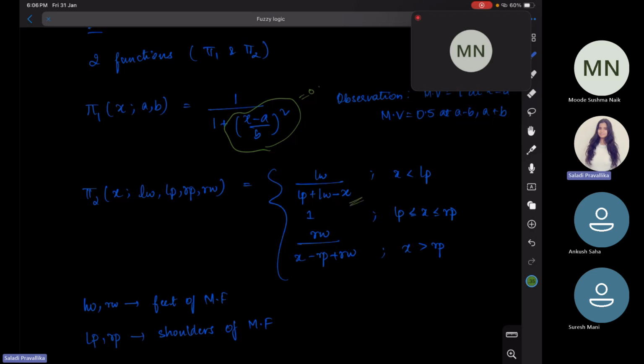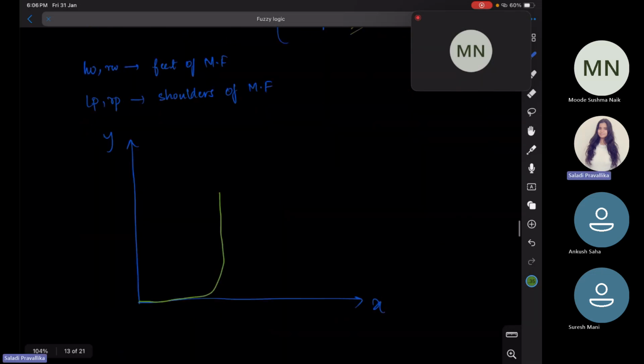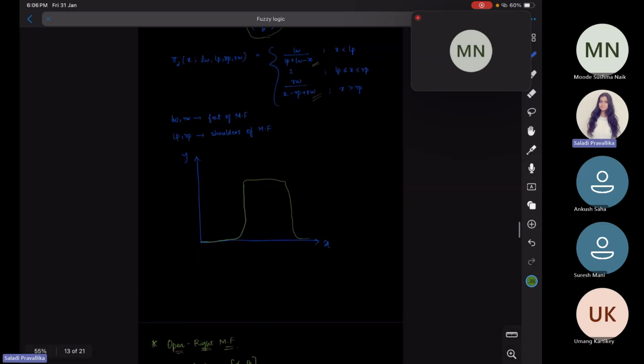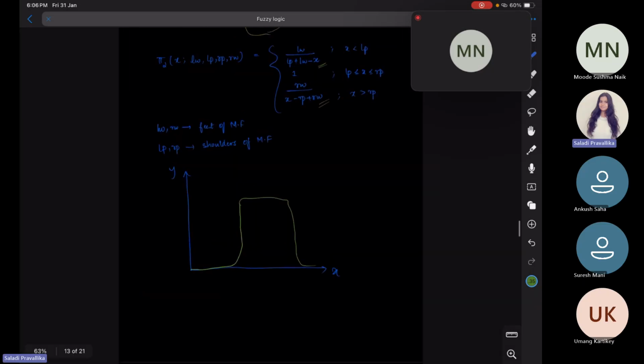So here is where you get all the values together and find out what the relation is. So this is your graph.